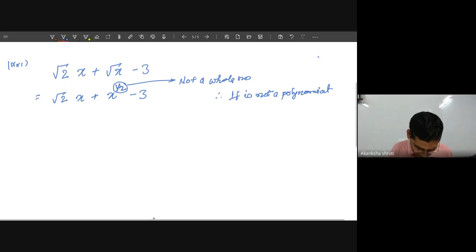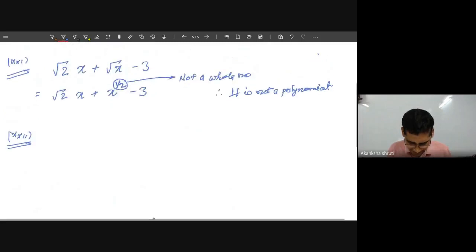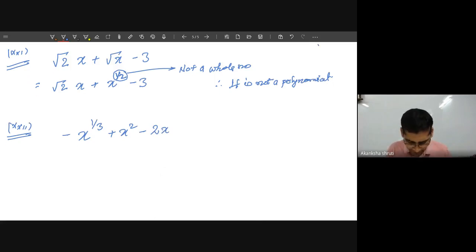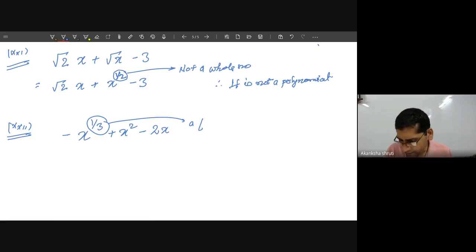Now let me write one more. Student, let us take this. So let me write minus x to the power of 1/3 plus x square minus 2x, only this much. Could it be a polynomial? Not a polynomial. It has a fractional power.